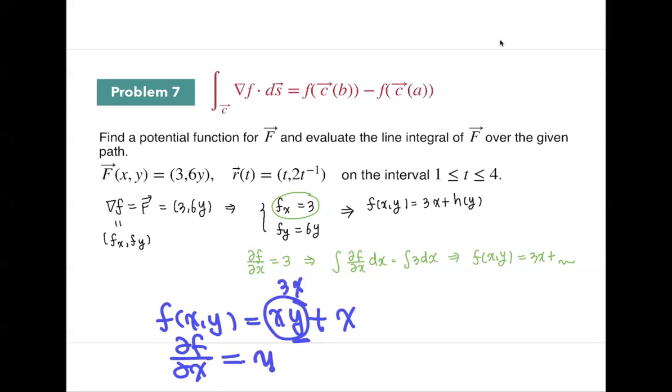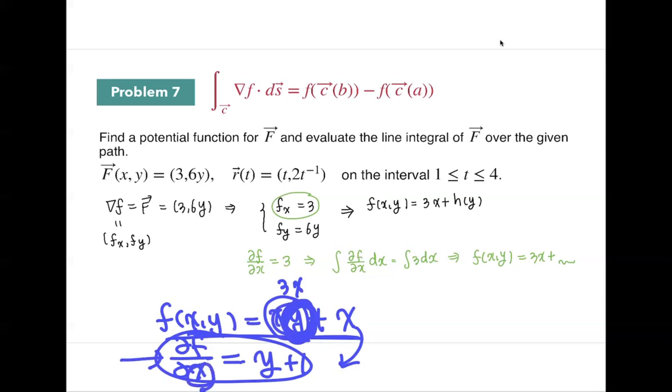So it'll be just y plus 1. We can differentiate like this, we just think of y as a constant. Okay, it's not a variable when you think about the partial derivative with respect to x.